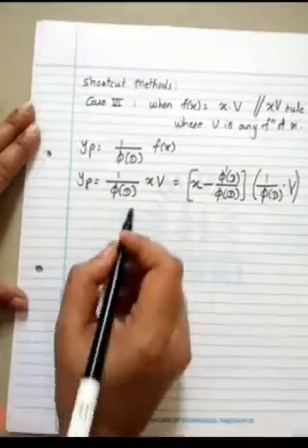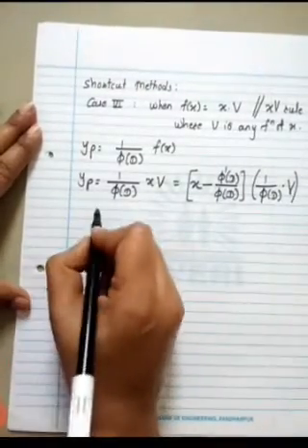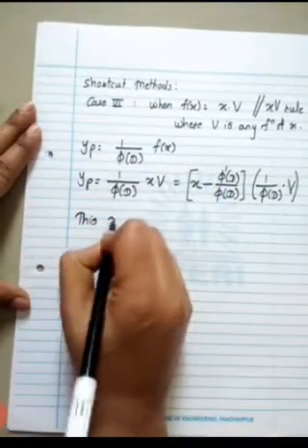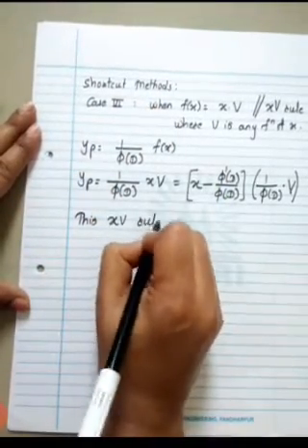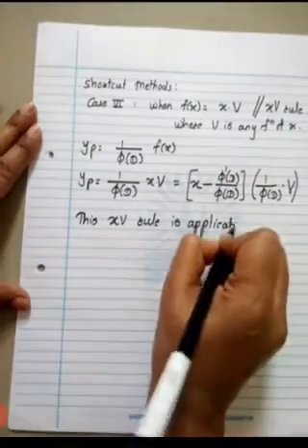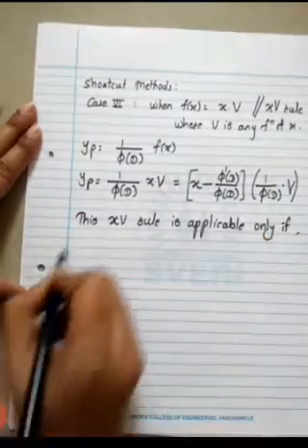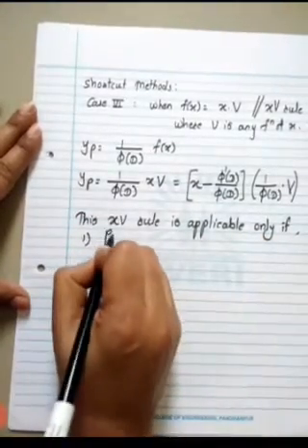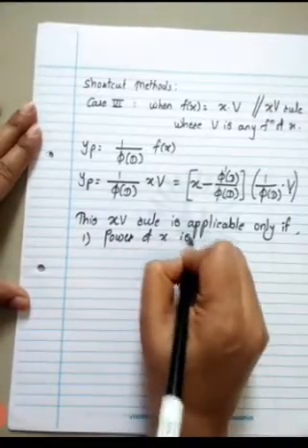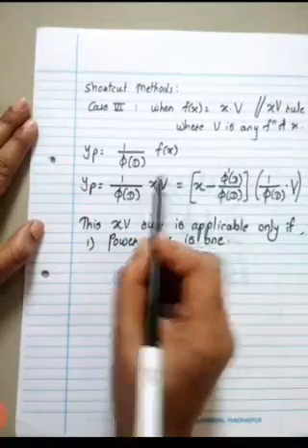For the existence of this, this xv rule is applicable only if there are two conditions. The first condition is that the power of x must be 1.